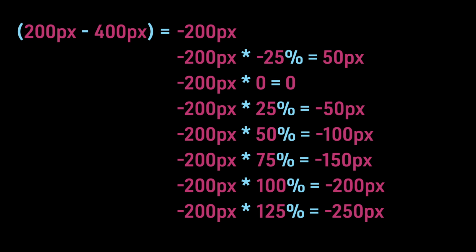If we multiply by 50%, we get minus 100 pixels. If we multiply by 75%, we get minus 150 pixels. If we multiply by 100%, we get minus 200 pixels. And finally, if we multiply by 125%, we get minus 250 pixels.